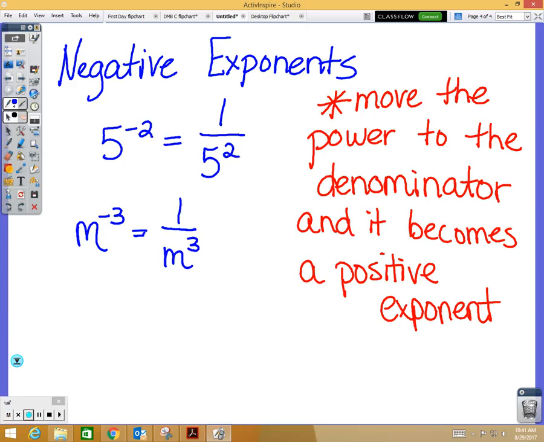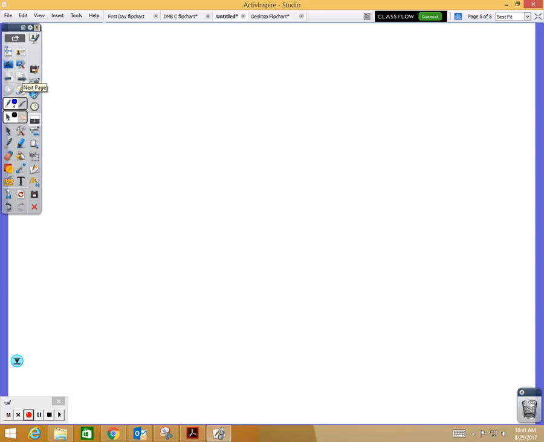So we're going to do some practice with this. We're going to write the expression using only positive exponents. And that's kind of what these two are right here. Writing the expression using only positive exponents. If you had 3 to the negative fifth power, think to yourself right now how you would write that so that 5 became a positive 5.